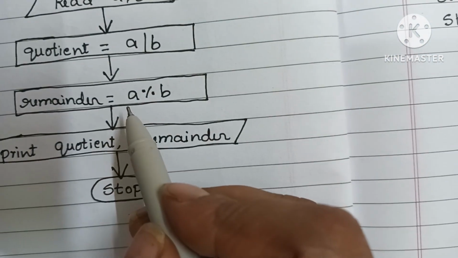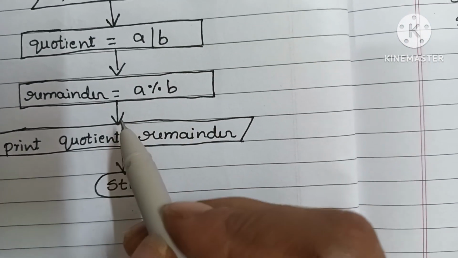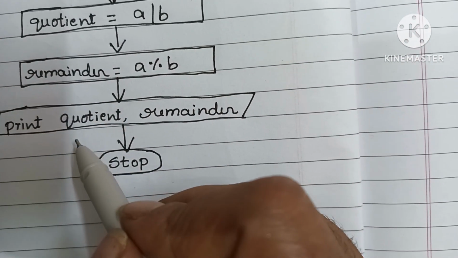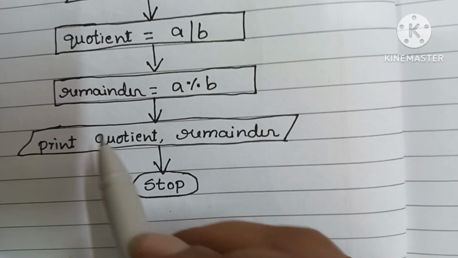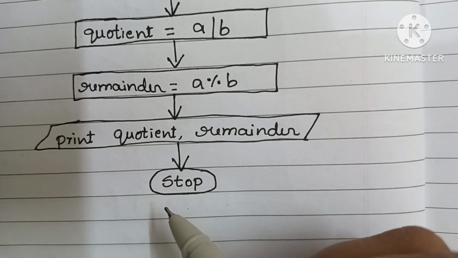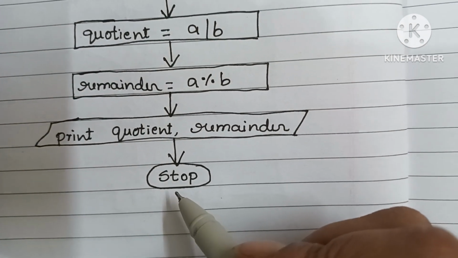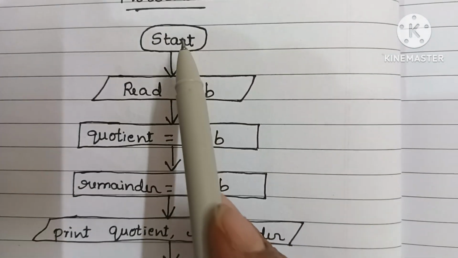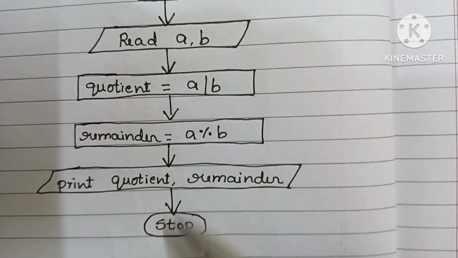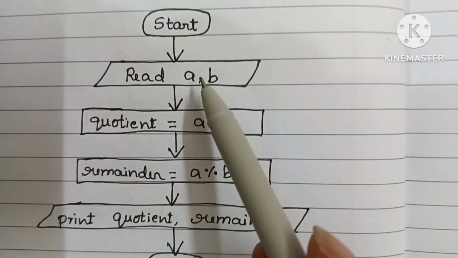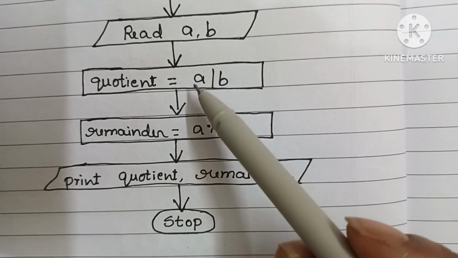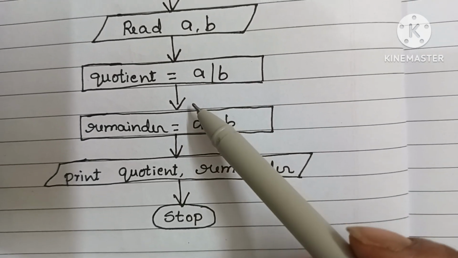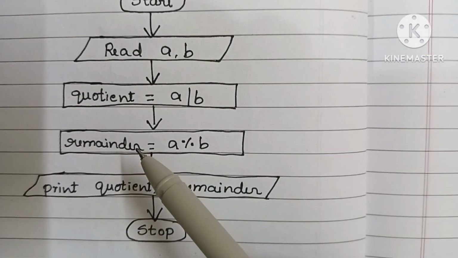Remainder is equal to a modulo b. Next we print the value of quotient and remainder. Output values are written within a parallelogram shape. Finally we stop the flowchart using a stop statement. Here start and stop statements are written within an oval shape. Input and output values are written within a parallelogram shape. Calculation is done within a rectangular shape.